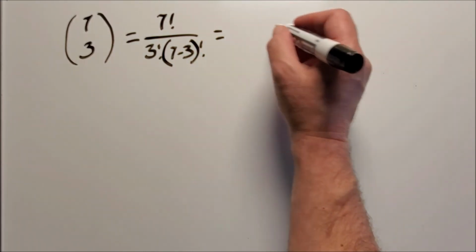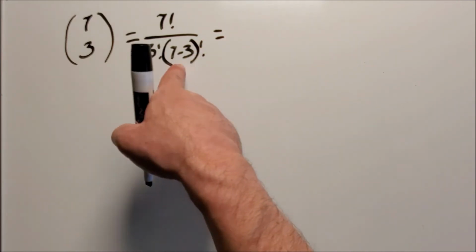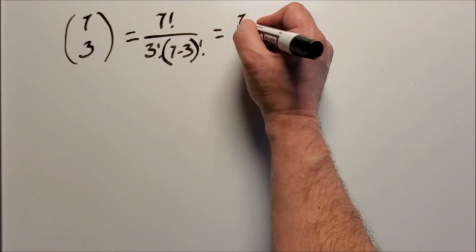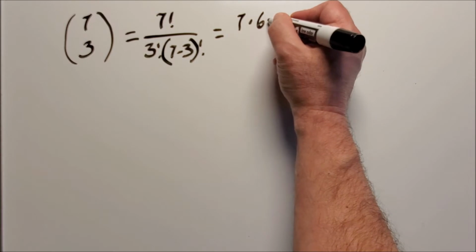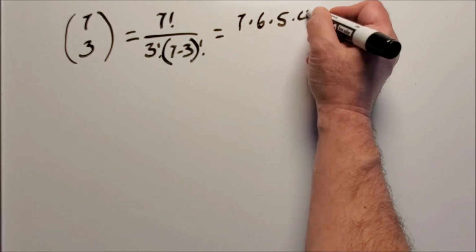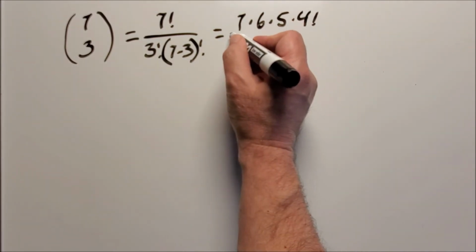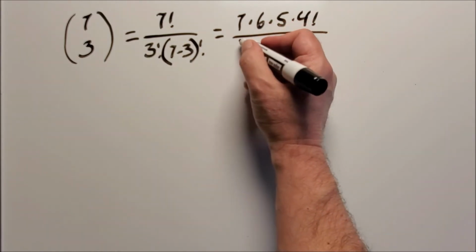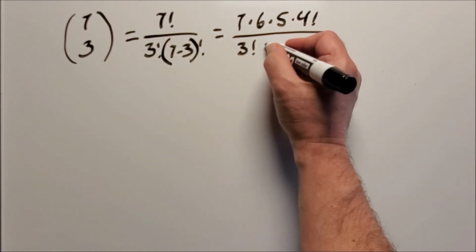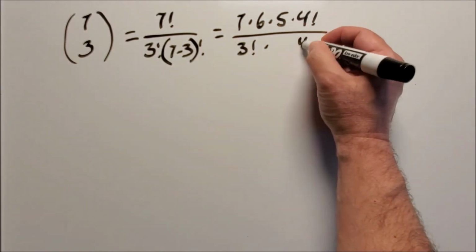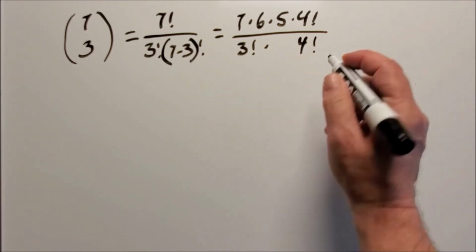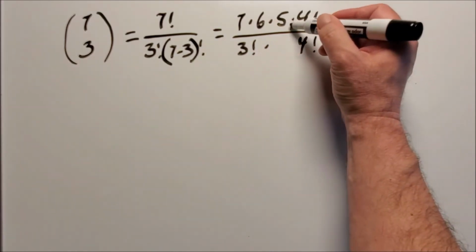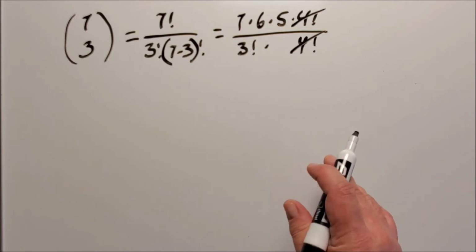So we know that 7 factorial is 7 times 6 times 5 times 4 factorial. And that's above 3 factorial times 4 factorial. I'm going to set it all the way over here so it's really obvious in our face that right off the bat we can cancel that.